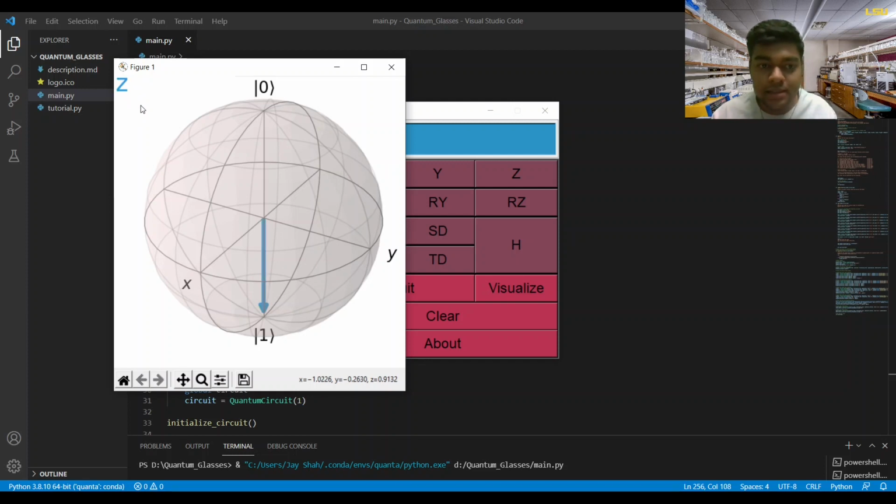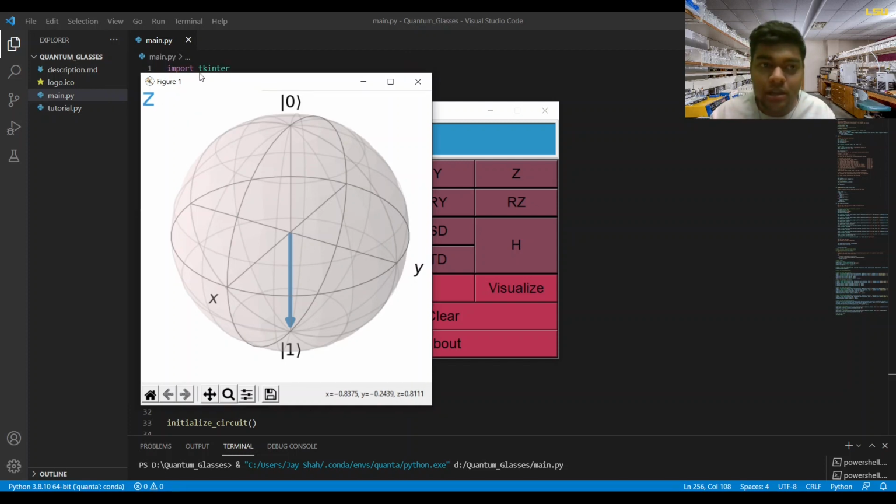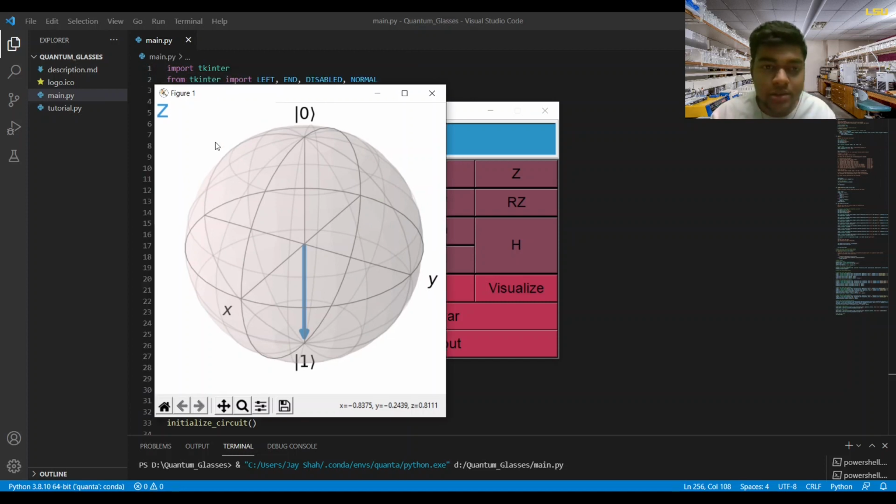Z has nothing to do with it, and you can see Z is not touching it at all. One more reason can be that it lies on the Z axis, so the Z gate cannot affect it. With that said, I think this is the only visualization for this week.